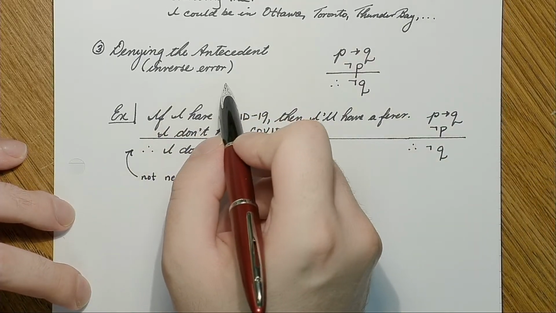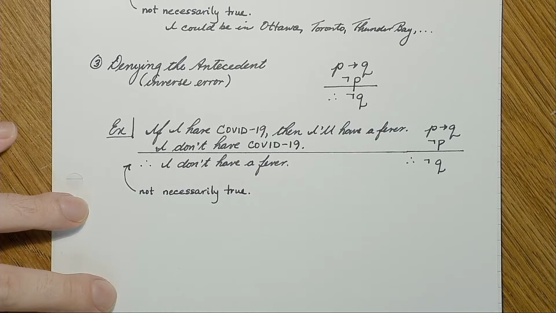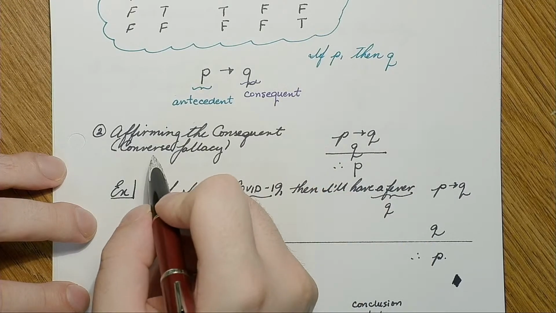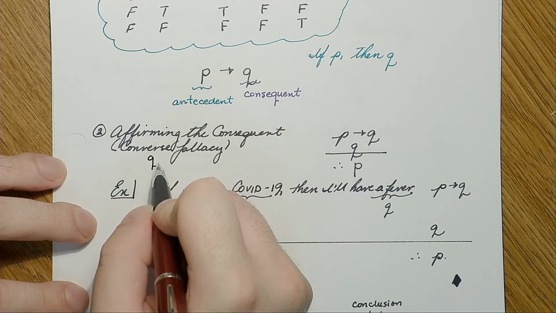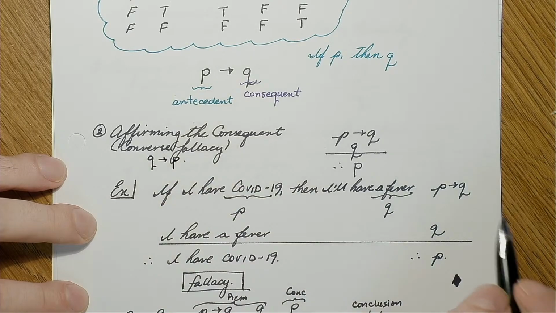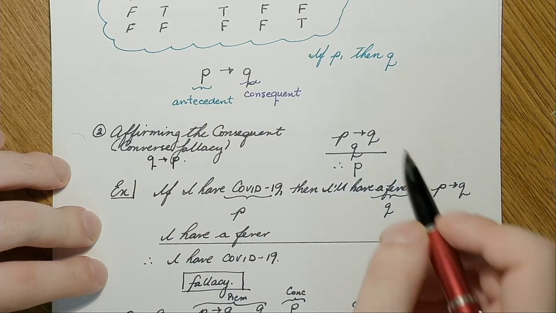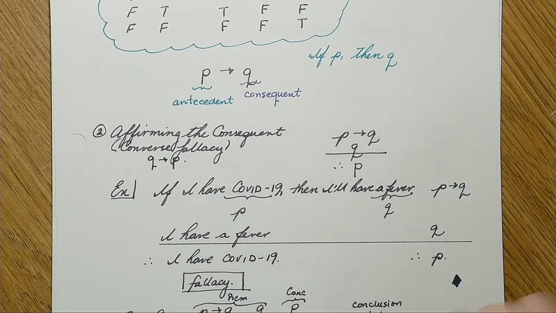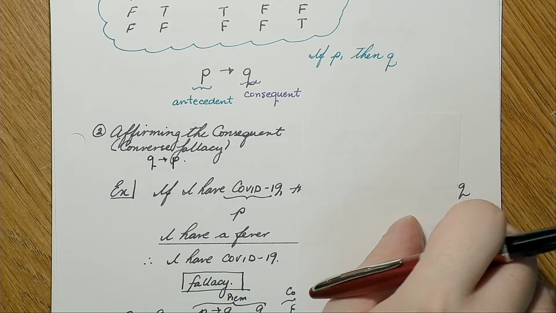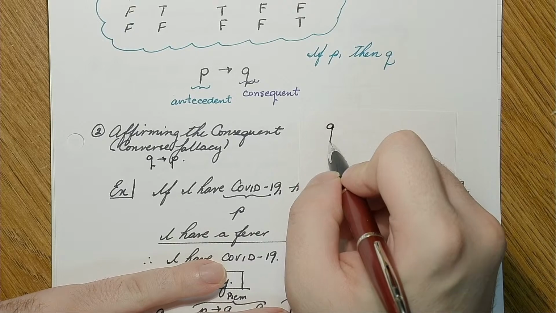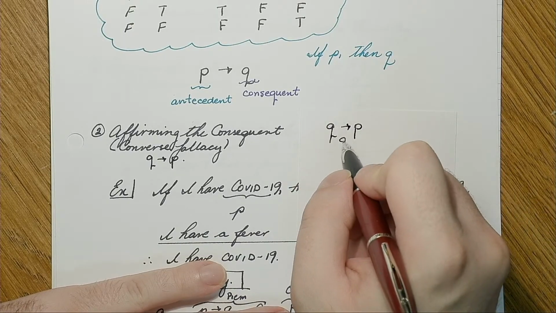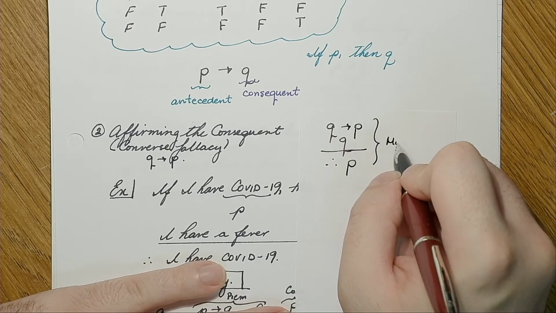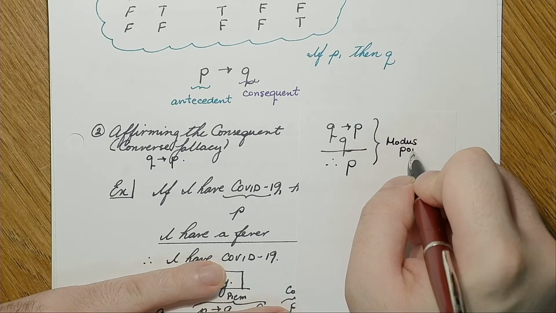It's also thought of as the inverse error, and the reason for that is when we were talking about the converse fallacy, they're thinking of P implies Q. This would have been fine if we had been working with this implication. If I was given Q implies P, and then we did Q, therefore P, well, this is an example of modus ponens.